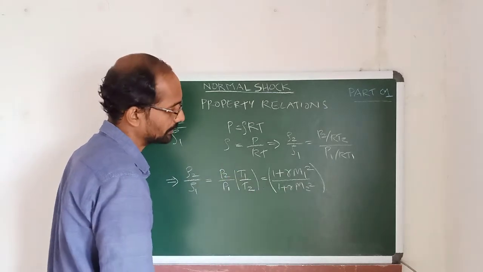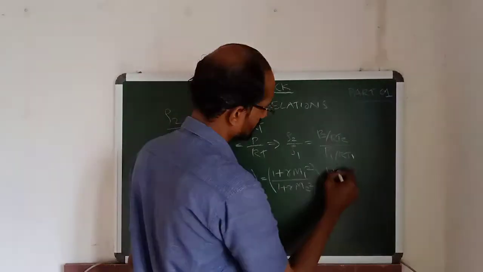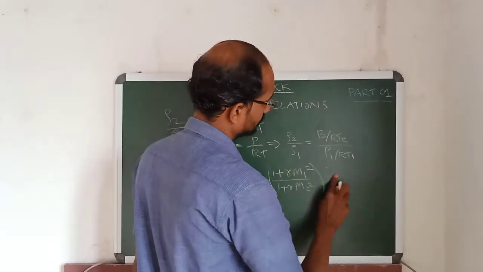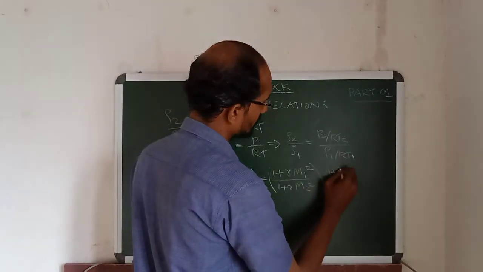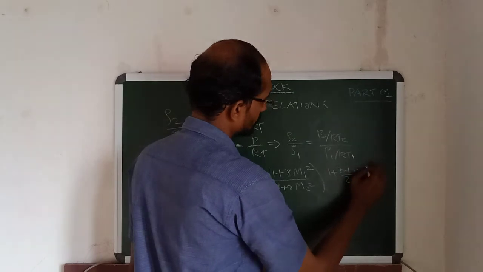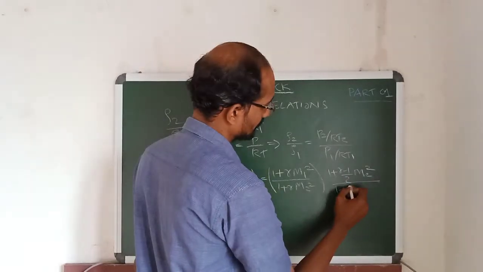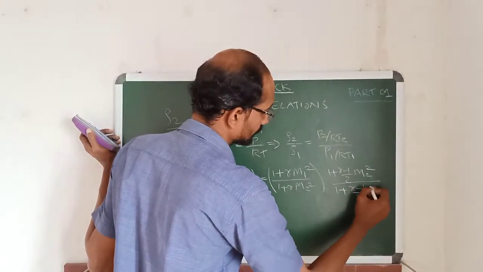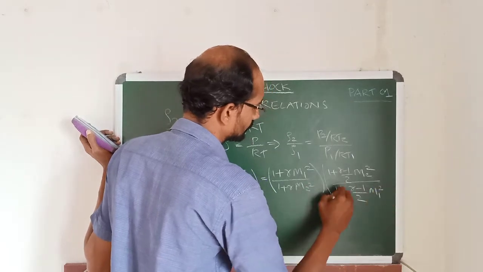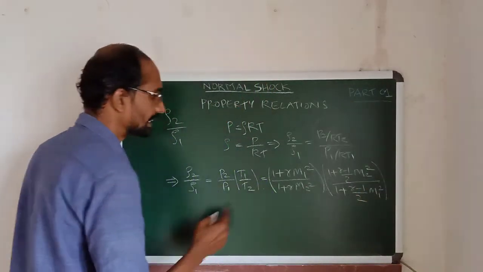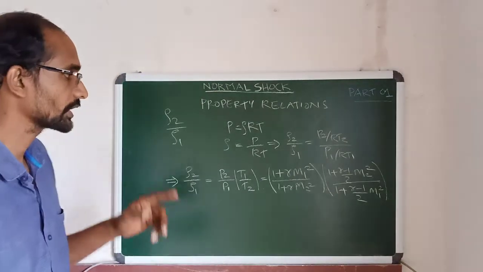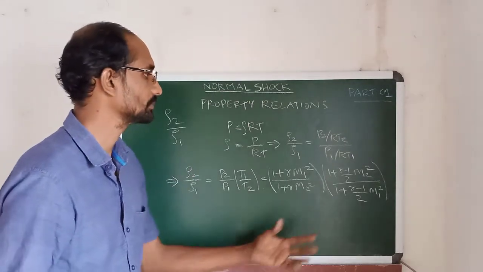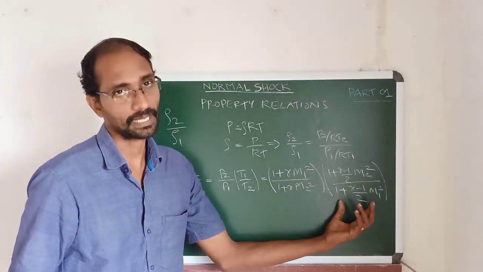So simply substitute, and this is the expression for density ratio in terms of Mach number. So all the ratios are in terms of Mach numbers.